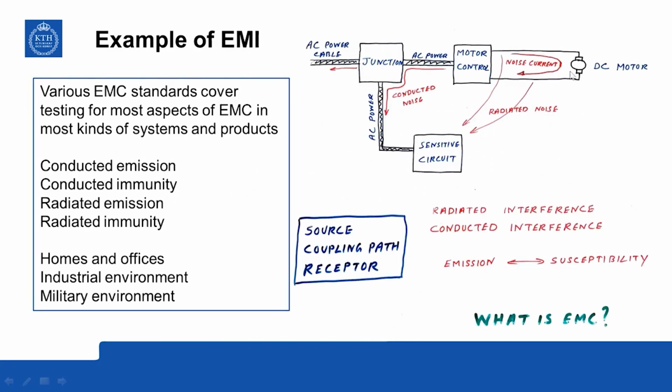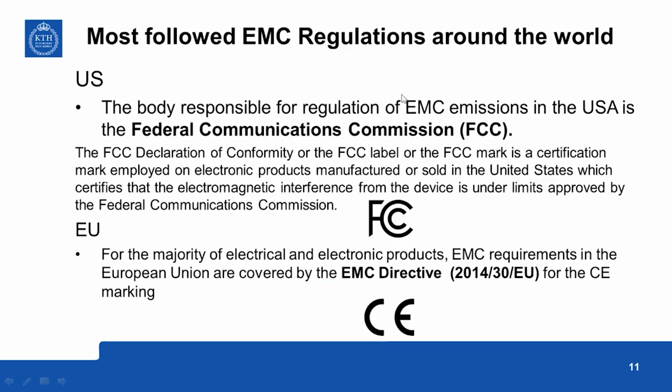Here the noise may be produced by the DC motor, but then it goes to the power system and gets distributed. So for this sensitive circuit, it may be that it is this fixed installation that is giving out this noise, and from there it will be radiating also. So all these things are coming together in the electromagnetic environment.